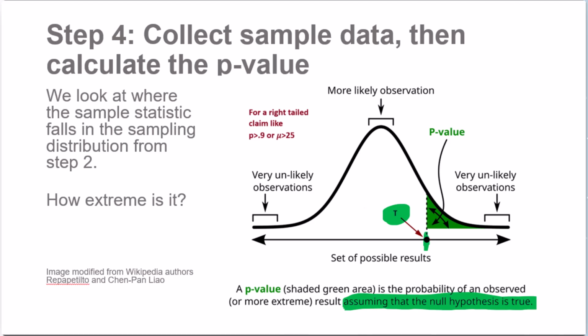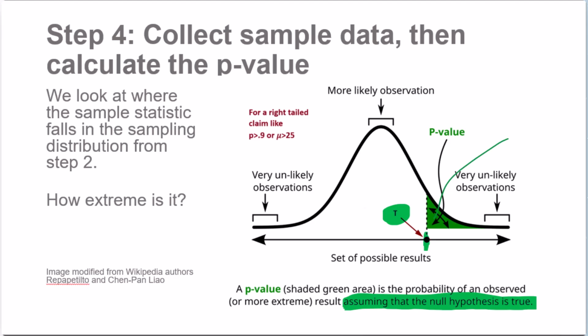So we're asking, how extreme is this test statistic in the sampling distribution? The actual p-value is the green shaded area here. That is the probability of seeing our test statistic or something bigger in this picture, which is a measure of how unlikely, how unusual this test statistic is.